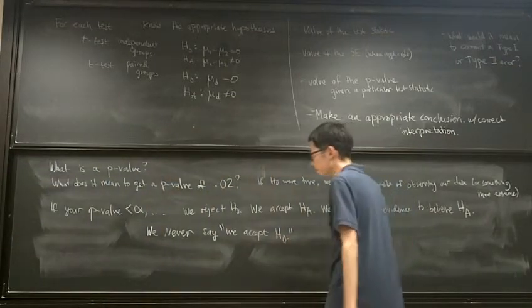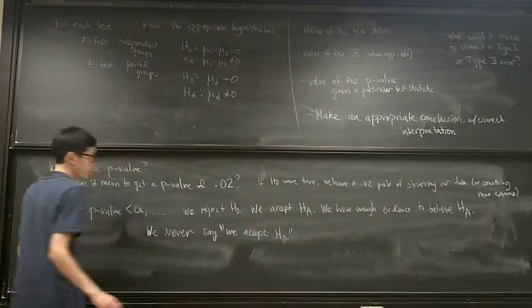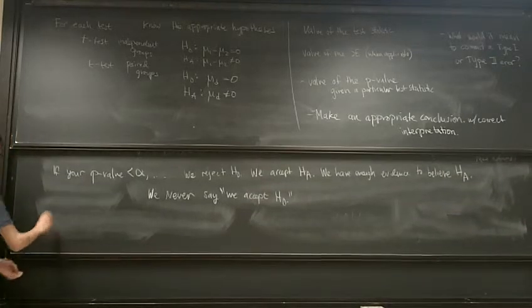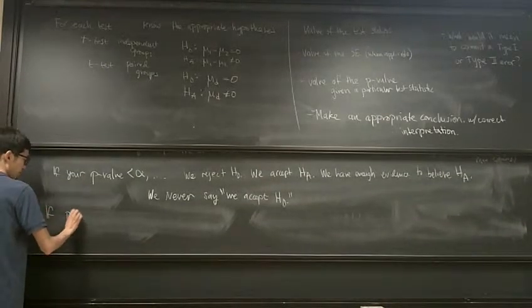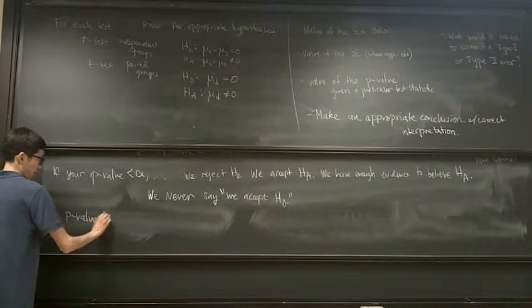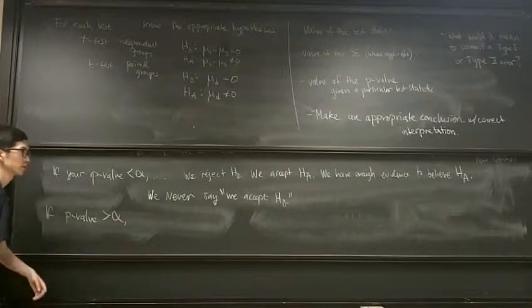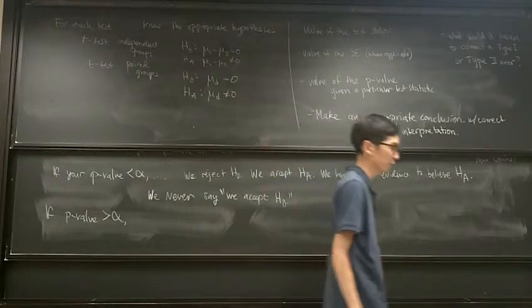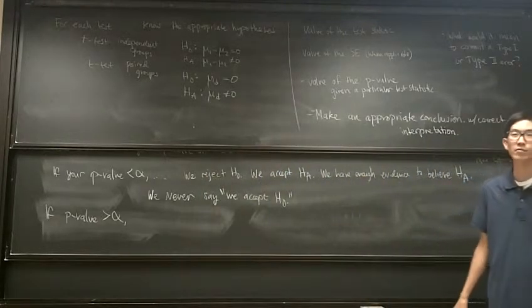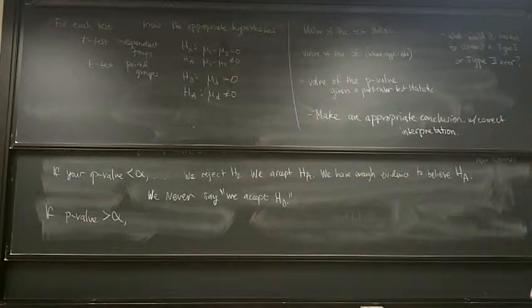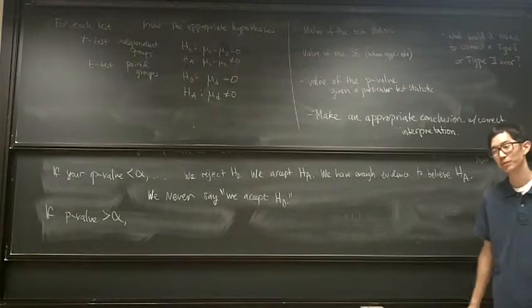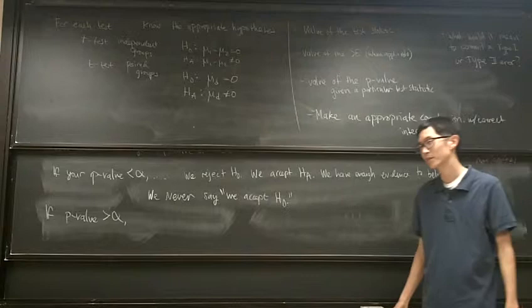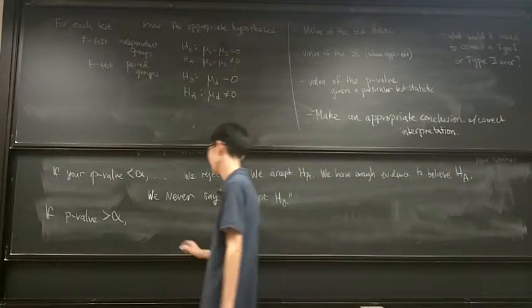On the other hand, if our p-value is greater than alpha, does that mean we reject the alternative? We also reject the null hypothesis. Okay, we don't reject the null hypothesis. We say we don't have enough evidence to support.